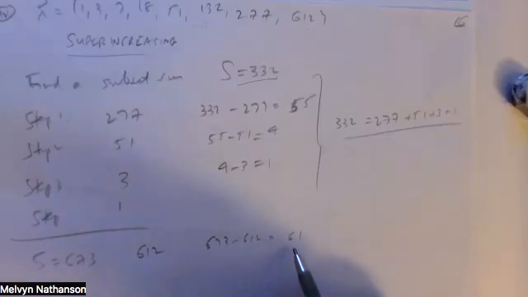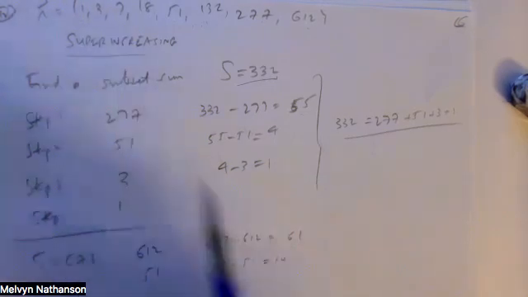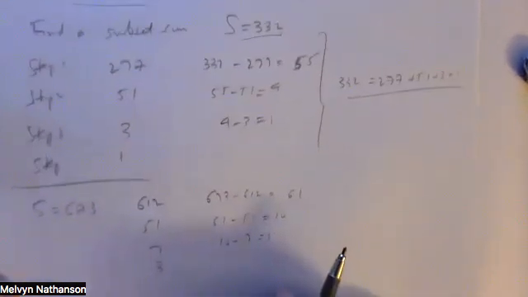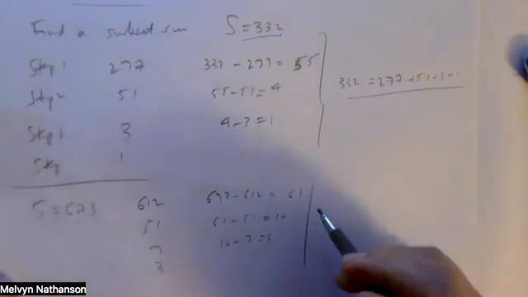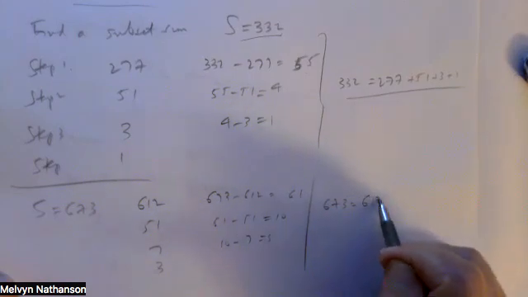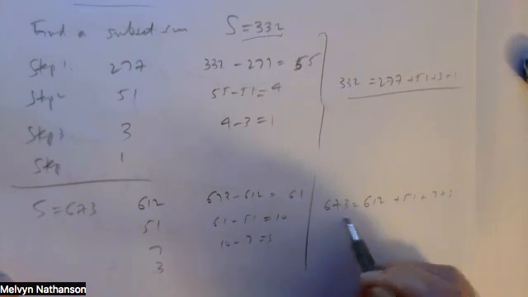The largest element less than 61 is 51. 61 minus 51 is 10. The largest element less than 10 is 7. 10 minus 7 is 3, which is an element in this set. And we have that 673 is 612 plus 51 plus 7 plus 3.